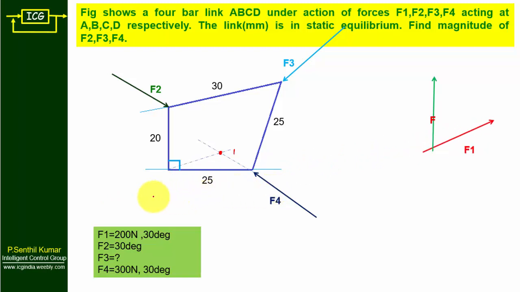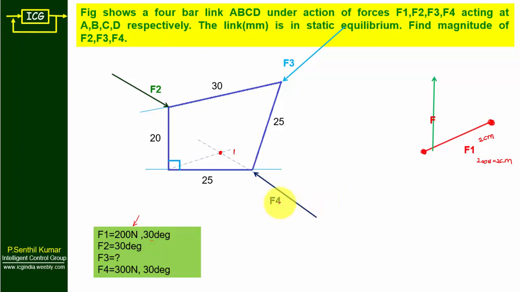Here, why am I moving F1? Because both magnitude as well as direction are known. So now we copy the direction. What about magnitude? Take 200 Newton as 2 centimeter.